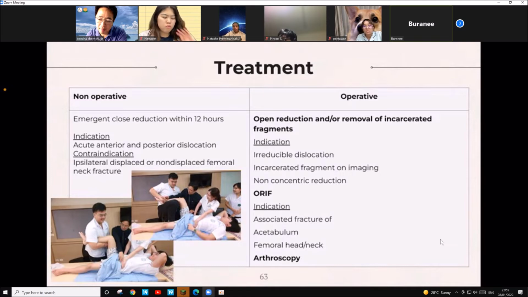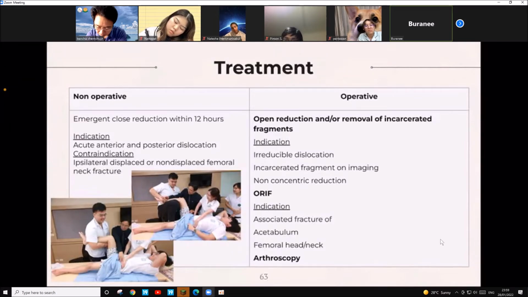You want me to show the video now? You describe these two pictures first. So you need to do urgent emergency reduction, right? Why?